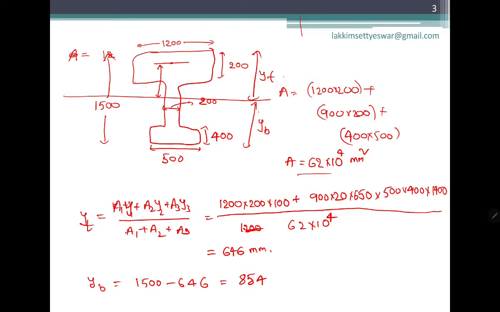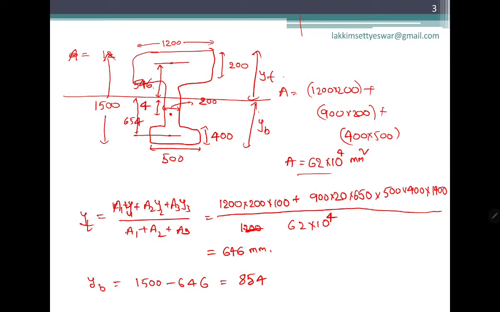This distance is 546, for the second element it is 4, and for the third element it is 654.